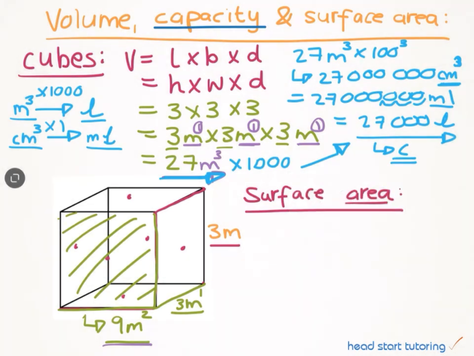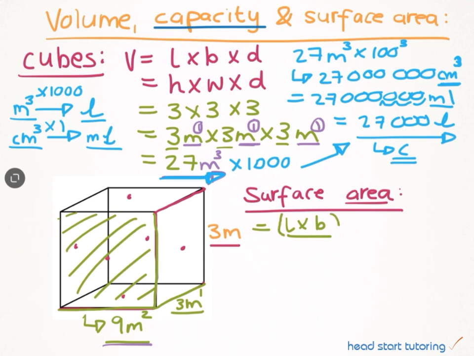So let's have a look. The formula for area is length times breadth, but you need to work out the area of each of the faces on your 3D shape. With our cube, we are lucky because all our faces have exactly the same area.